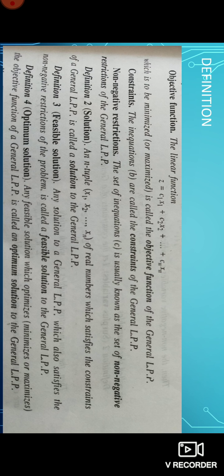And the last definition, optimum solution: any feasible solution which optimizes, meaning minimizes or maximizes, the objective function of the general LPP is called the optimal solution of the general LPP.